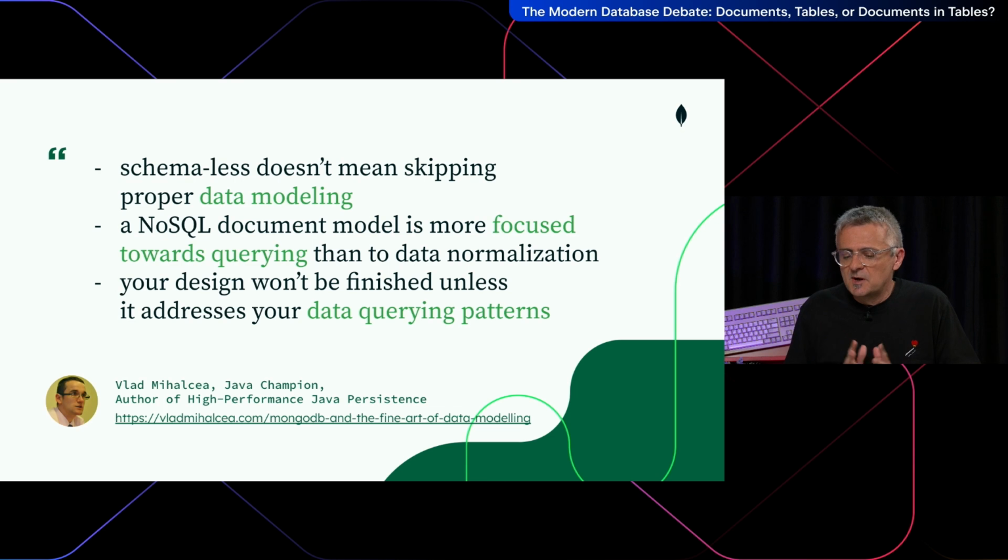And something to keep in mind, if you go to NoSQL documents, as I said, it's not really schemaless. If you call it schemaless, be aware that there is always a schema, and to reinforce that, I just quote a blog post from Vladimir Schema. You cannot skip data modeling because you go to a more flexible schema.